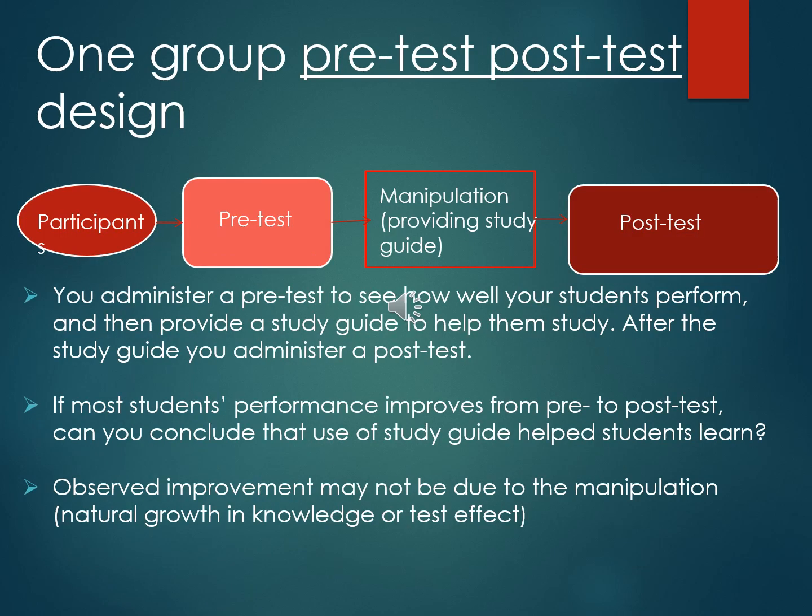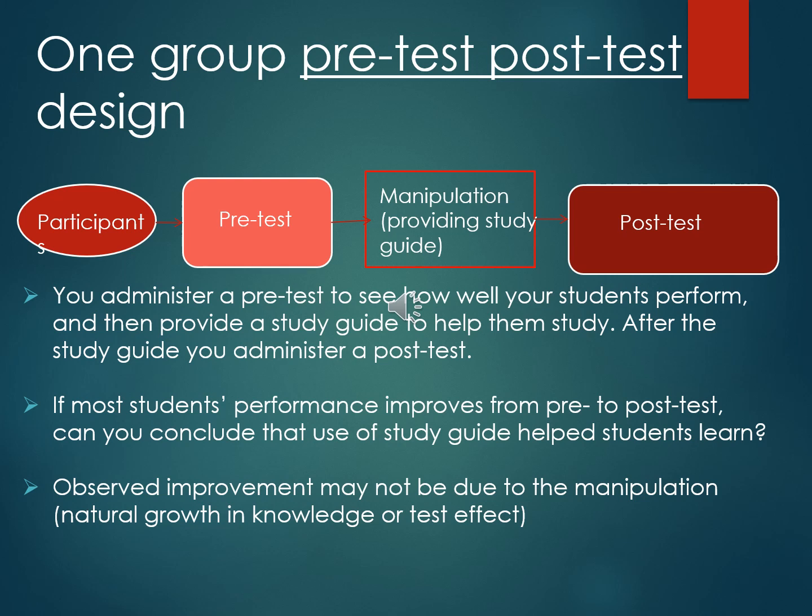To improve the design, now you're going to have a pretest before the manipulation. And then after the manipulation, you're going to administer the post-test. So it's a pre-test, post-test design. If the post-test performance is better than the pre-test, you conclude the manipulation, which is providing the study guide, improved the students' performance.